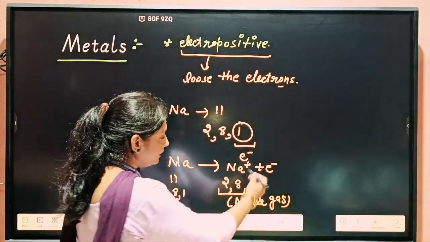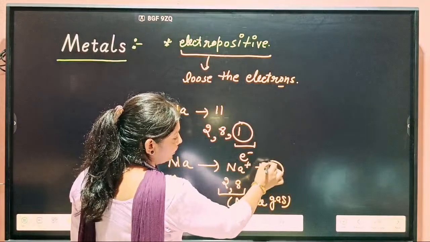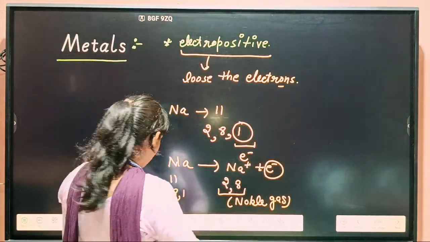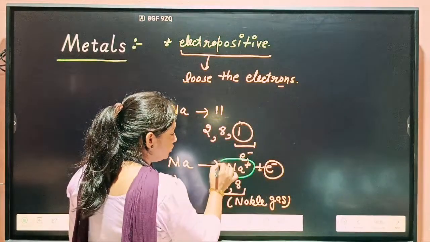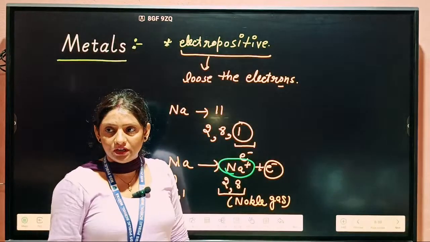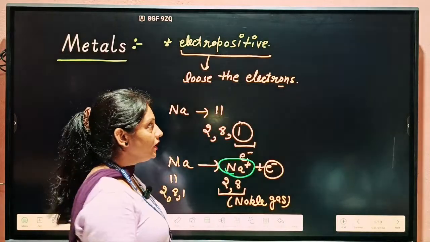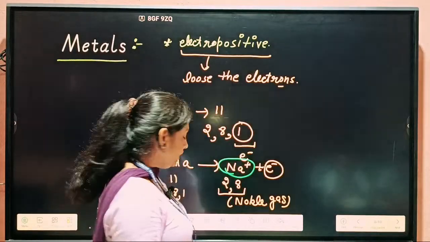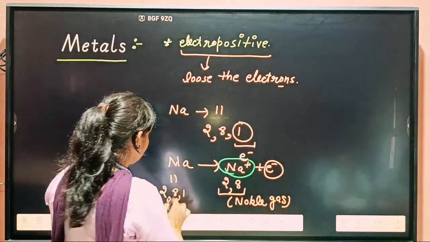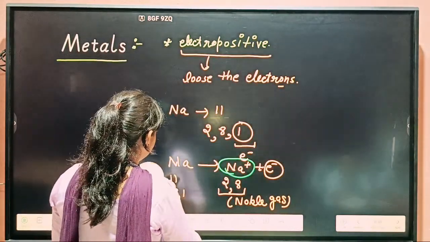After losing the electron, a positive charge develops on it, so it is electropositive in character. First point, metals are electropositive in nature, meaning they have a tendency to lose electrons.